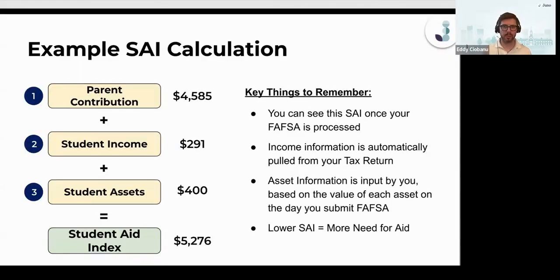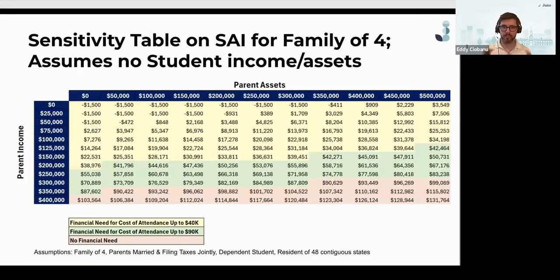Now, this is a very busy screen here, so I don't want you to get lost in the numbers, but I will just show you this example for the family of four situation that we were describing, and we're going to assume no income and no assets just for simplicity's sake. So in this chart, let's say parent assets are around $250,000, and let's just pick one right in the middle.